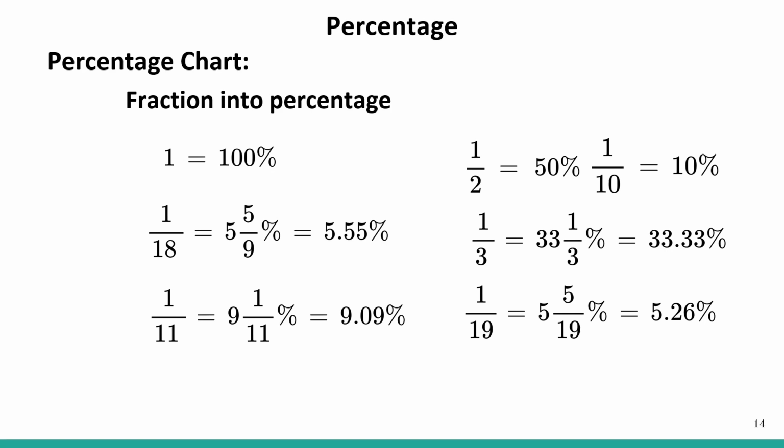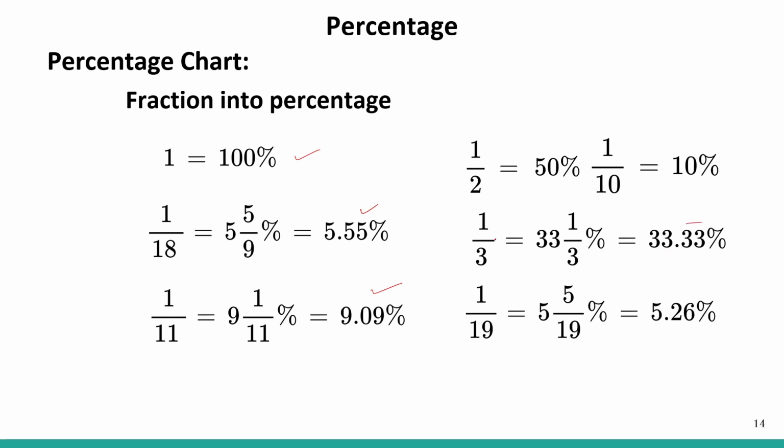So 1 by 18 is equal to 5 whole and 5 by 9th percent, that is 5.55%. 1 by 11 is equal to 9 whole and 1 by 11 percent, so it will be 9.09%. 1 by 19 is equal to 5 whole and 5 by 19%, that is 5.26%. 1 by 3 is equal to what? 33 whole and 1 by 3rd percent, that is 33.33%, or we can also write 33.3 bar percent.